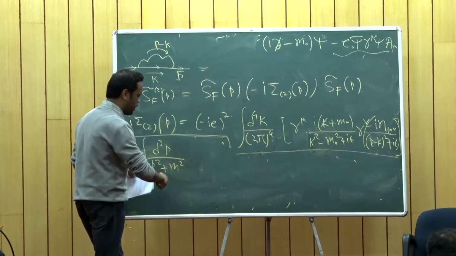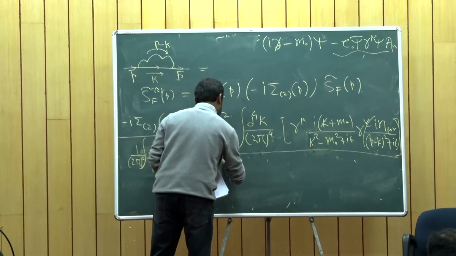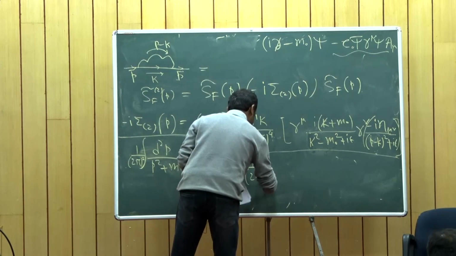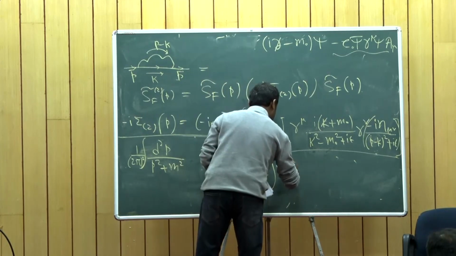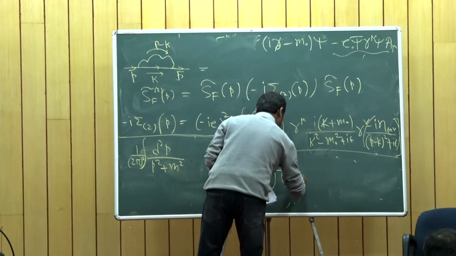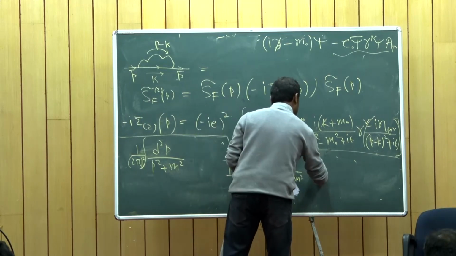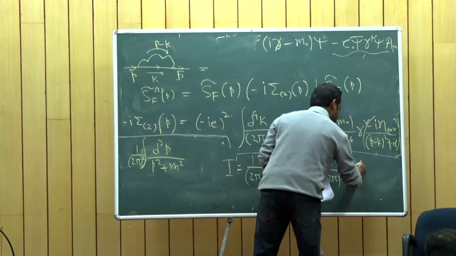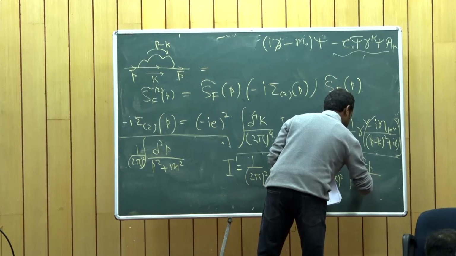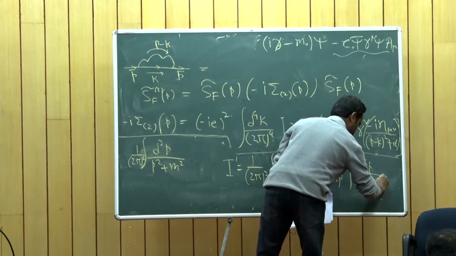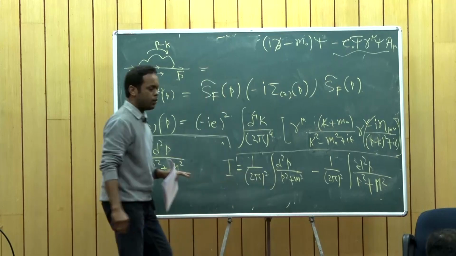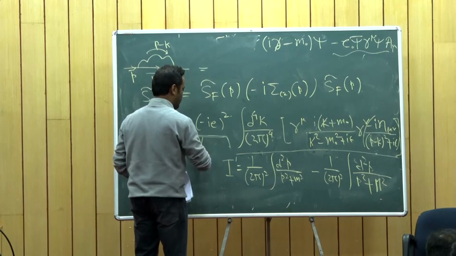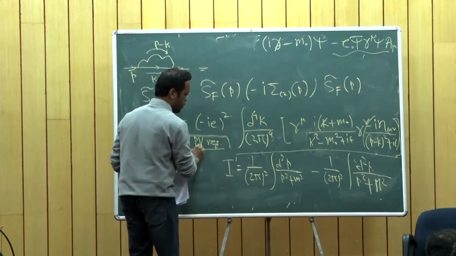So you subtract the infinity by introducing, let me define an integral which is like this one, and you subtract from this another integral which is a similar expression, but m square is replaced by capital M square. This is actually called Pauli-Villars regularization.